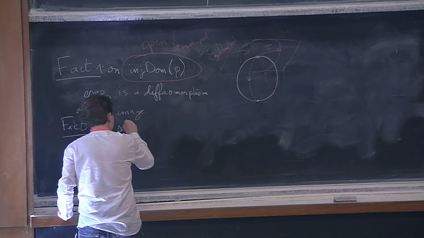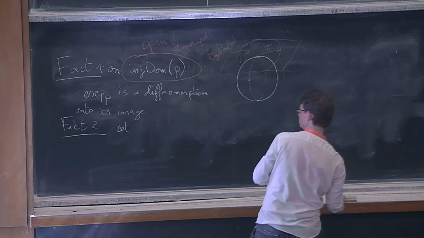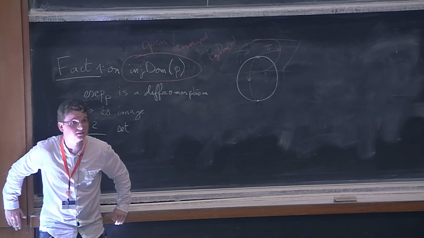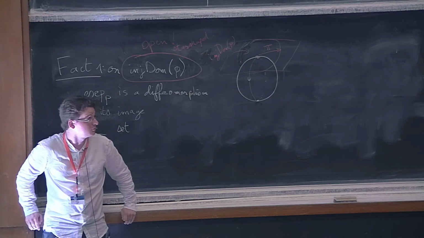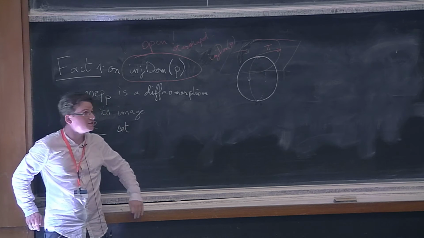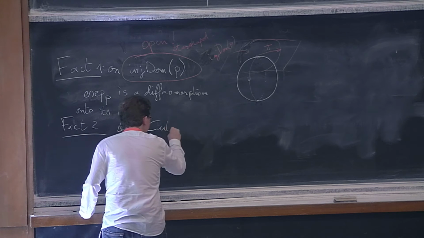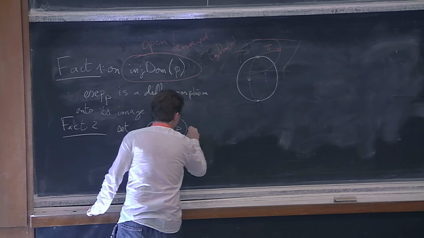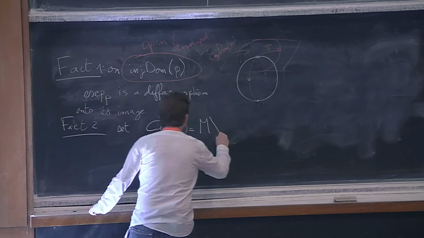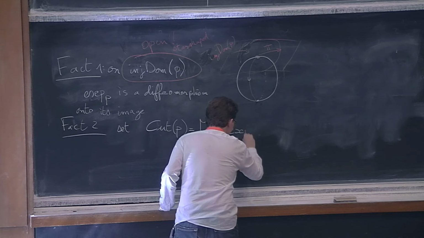So let's give a name to this set of bad points. And actually, most of the difficulties that we will deal with in the sequel are just these bad points. So we'll define the cut locus of P to be the points in M which are not in this good coordinate chart.